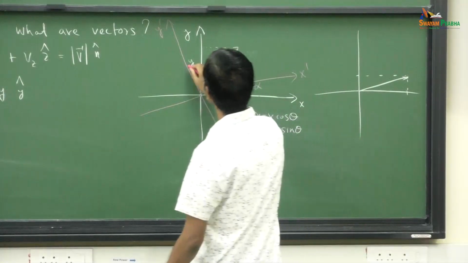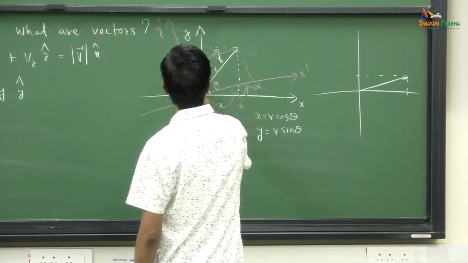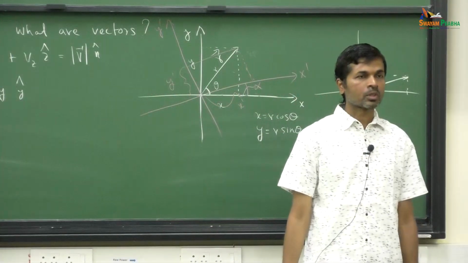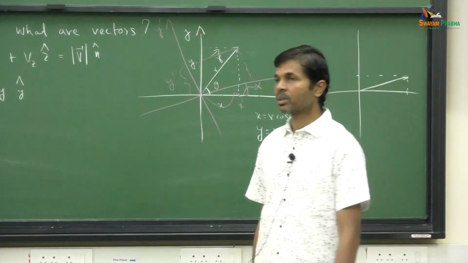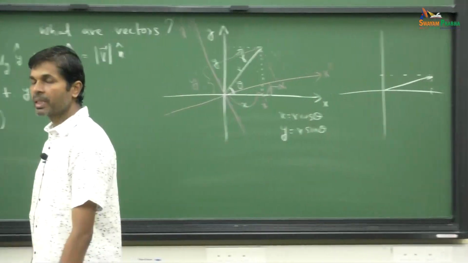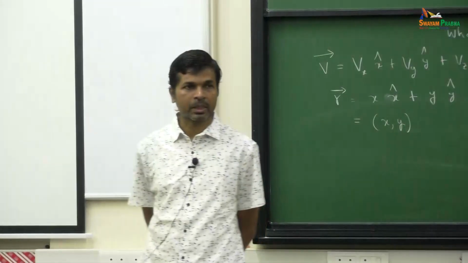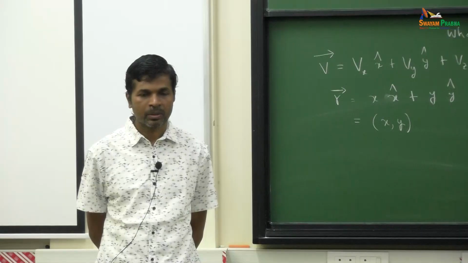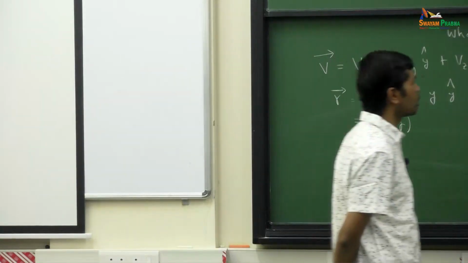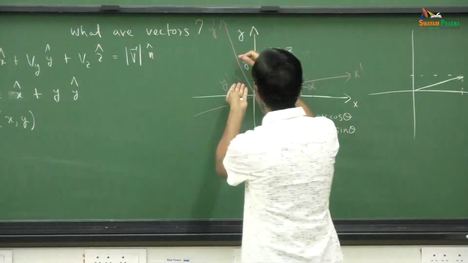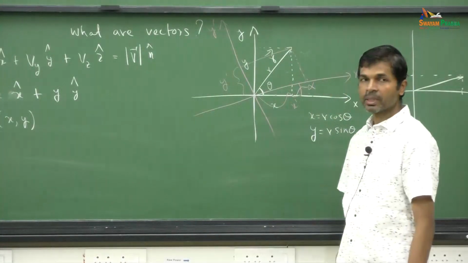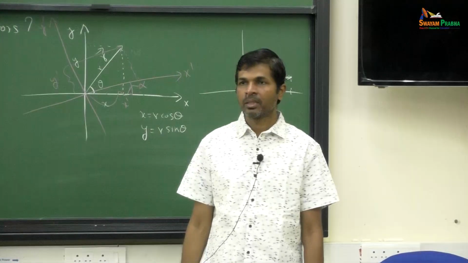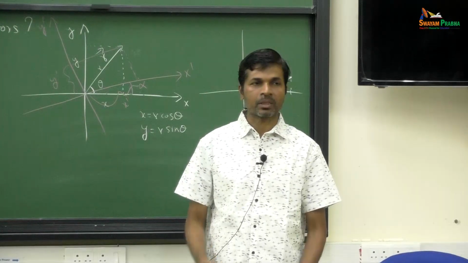And this value here is going to be y prime. So what are the components of a vector? Basically it depends on your coordinate system. And if you change your coordinate system, then the values of the components do change. But they don't change randomly. They change in a nice fashion.